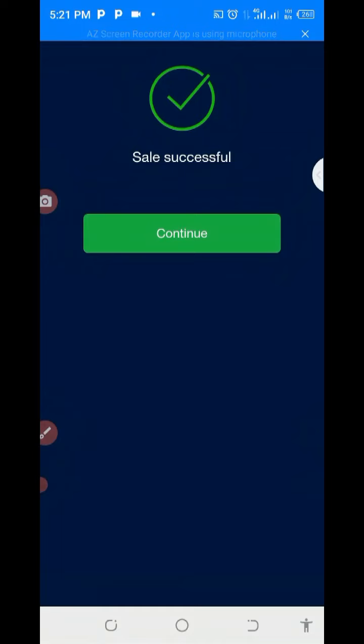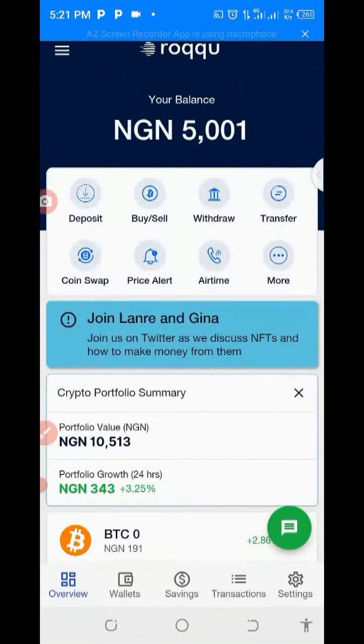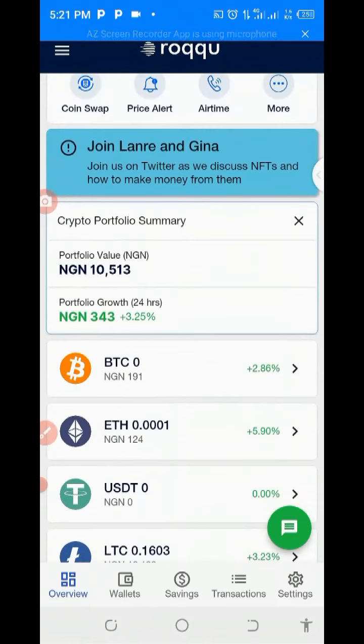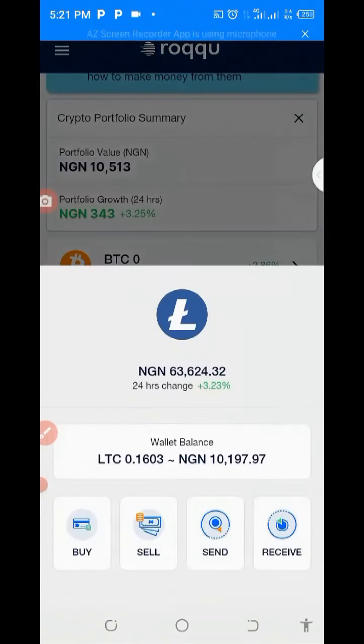So we now move back to my wallet. What do you see here? You can see that I have sold part of my Litecoin, 5,000 naira. You can see the 5,000 naira balance in my Roku wallet, and you can still see 10,513 naira in this Litecoin.